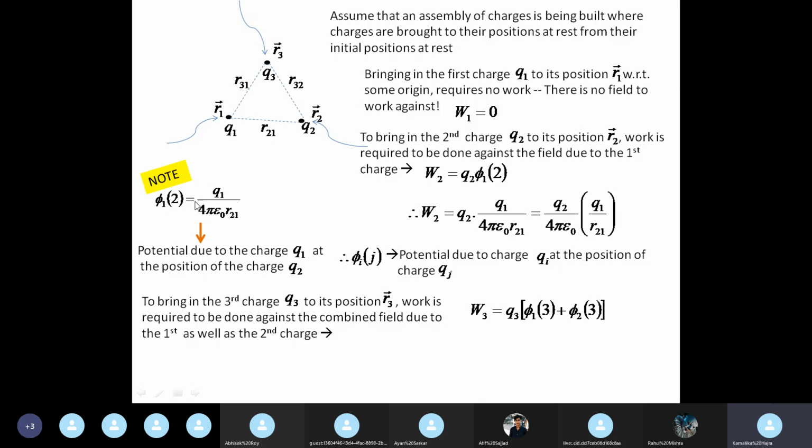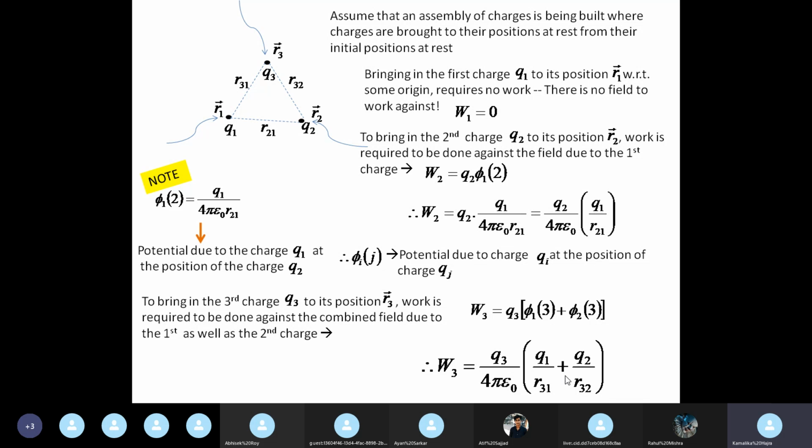So the work done in bringing the third charge, W3, is Q3 into phi 13 plus phi 23. That is the potential at the position of Q3 due to the charge Q1 plus the potential at the position of Q3 due to the charge Q2. So I can write W3 as Q3 by 4 pi epsilon naught, and inside, Q1 by R31 plus Q2 by R32.